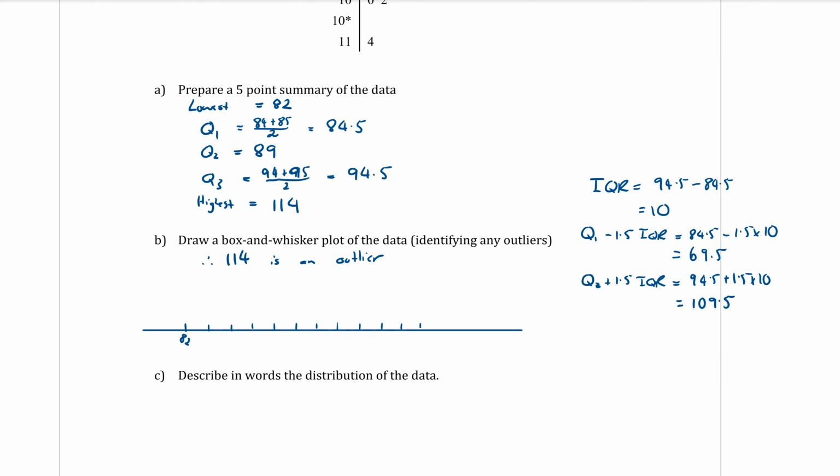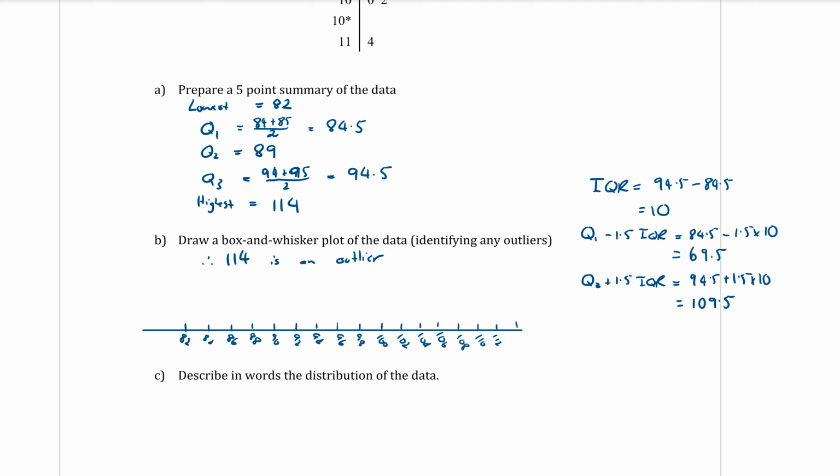All right, that's going to be 84, 86, 88, 90, 92, 94, 96, 98, 100, 102, 104, 106, 108, 110, 112, and 114.